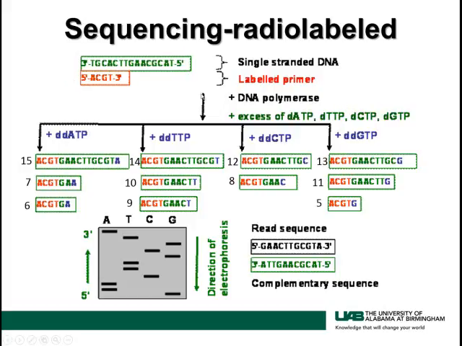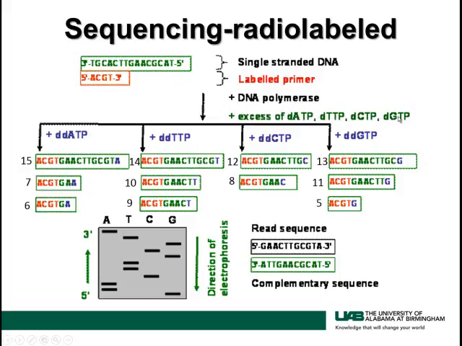In addition to that, you have DNA polymerase 1 that is added, and you have an excess amount of all four deoxynucleotides: dATP, dTTP, dCTP, and dGTP.